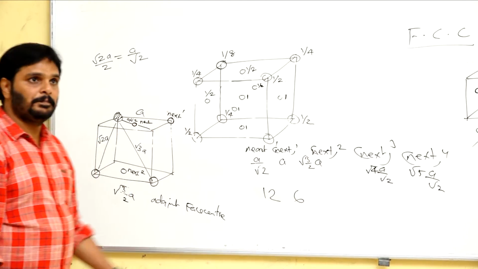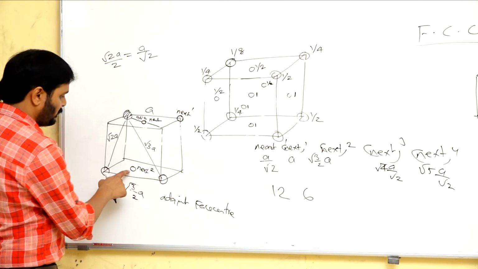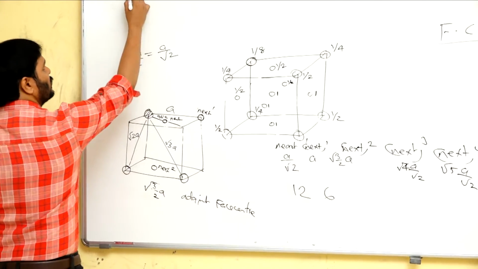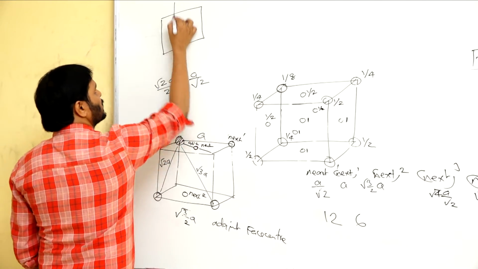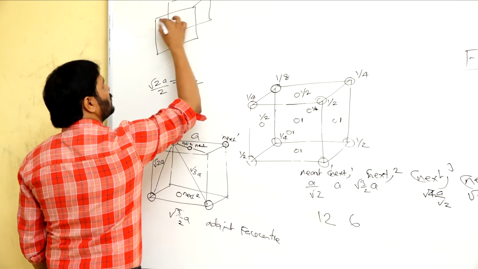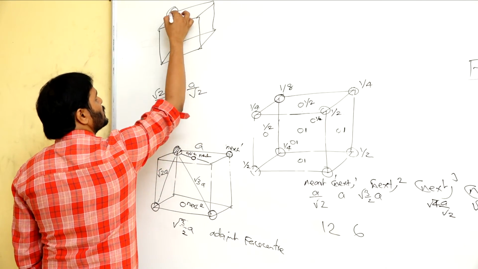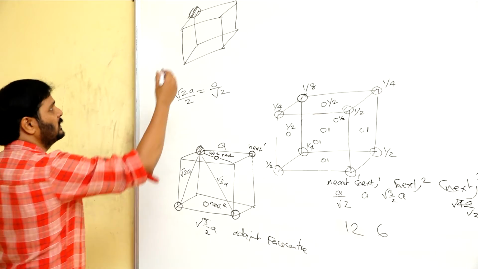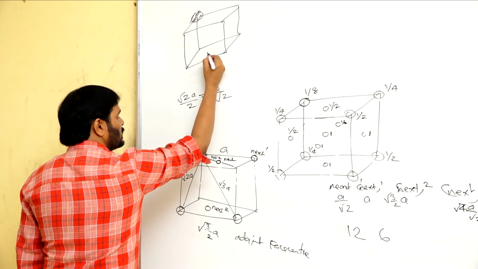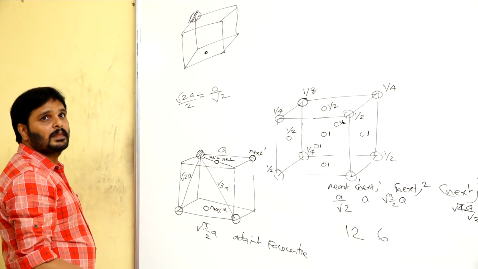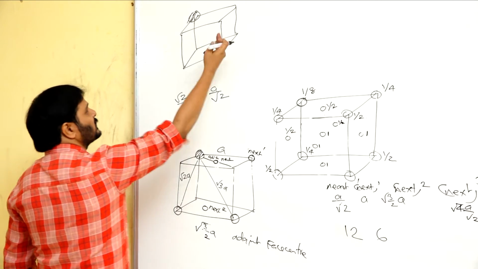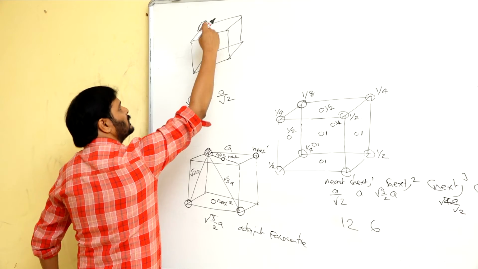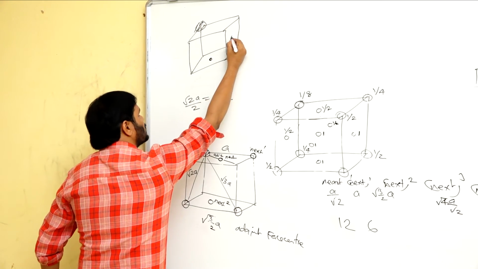Now for the next adjacent, I am going next. So in the FCC unit cell, again reference. There are 3 adjacent. This is a corner. This is an adjacent atom. Right? Next, this is a corner. This is a face adjacent. Now towards this is a face adjacent.